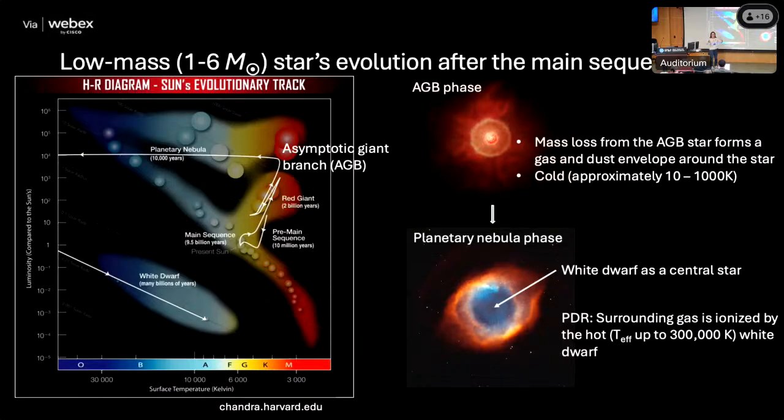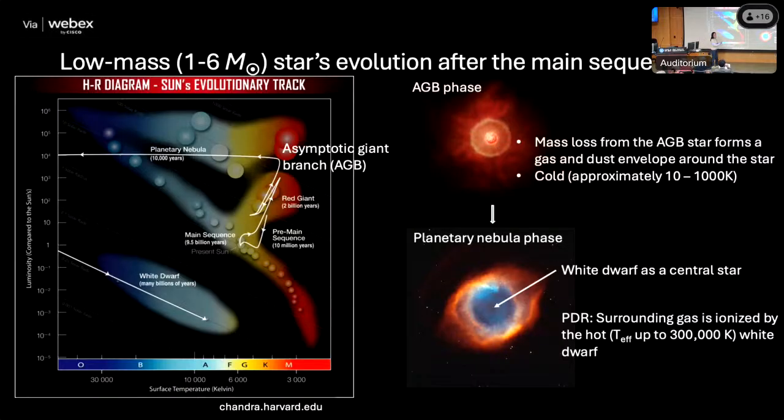And when the star pulsates, because the surface gravity is so low, the gas slowly escapes from the surface of the stars, and the gas forms the so-called circumstellar envelope. This circumstellar envelope is filled with gas and dust, but typically because the central star is only about a few thousand Kelvin, the circumstellar gas is typically only about 10 to 1,000 Kelvin.